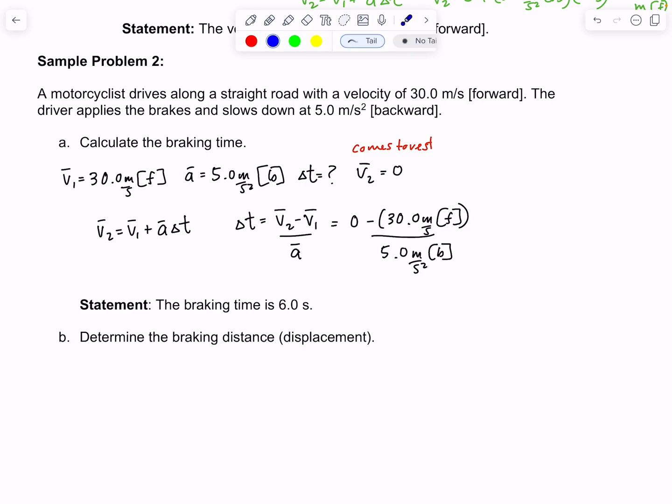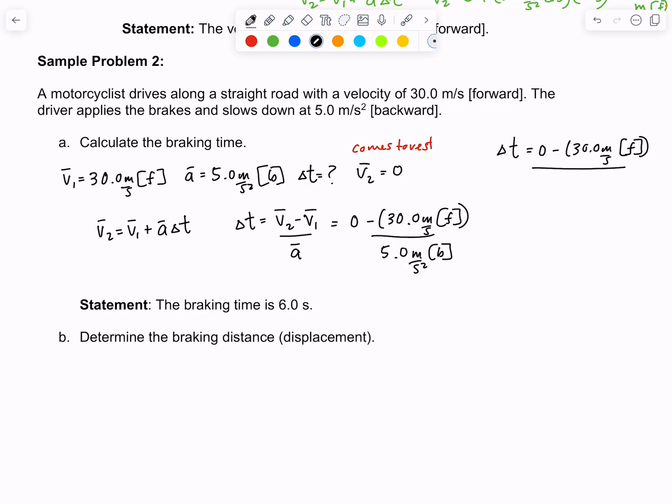So we have to make forward and backwards in the same direction. We can either choose forward for both or backwards for both. We will get the same answer either way we decide. So I'm going to keep it as forward. Delta t equals 0 minus 30.0 meters per second forward.